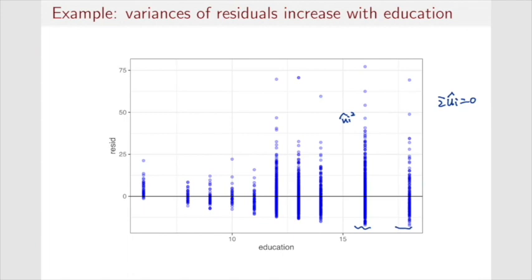If we still assume that the error terms follow the normal distribution, then for a low level of education, the normal distribution could look like this. But for a high level of education, the normal distribution is more spread. It means the conditional variance for the error term sigma i square differs for different x i.